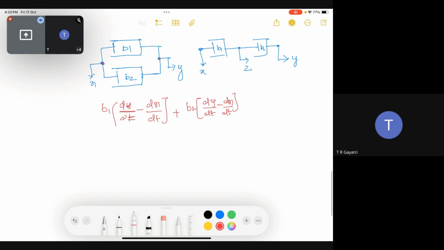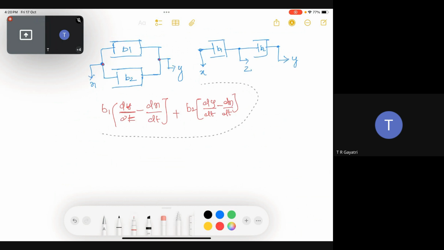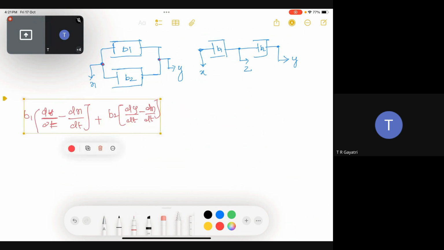For the next system, the force will be equal to, for this node minus this node, B1 into (dz by dt minus dx by dt).